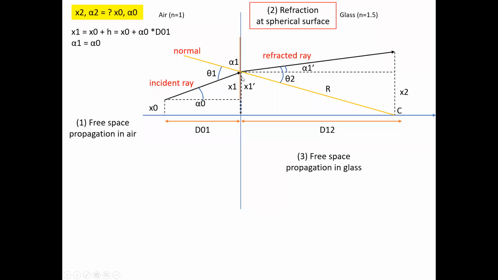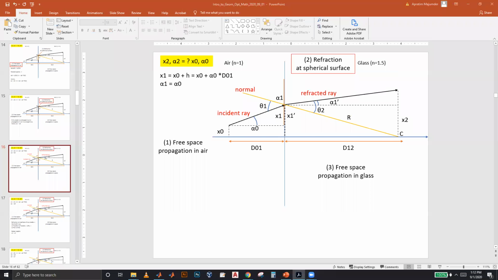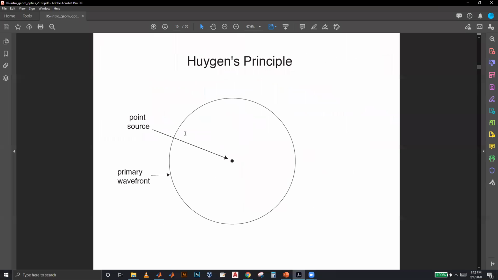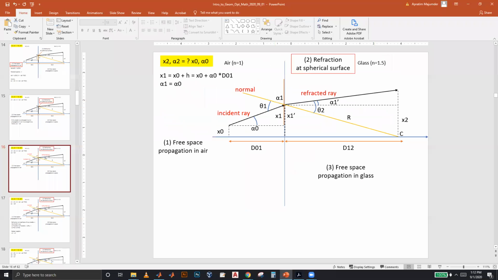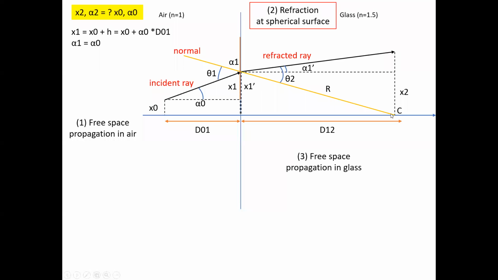From the slide which was here for refraction, to analyze refraction we need the incident light, the normal, and the refracted light. So I have drawn those over here. Suppose this is the radius and this is your curved surface. This is basically your tangent.